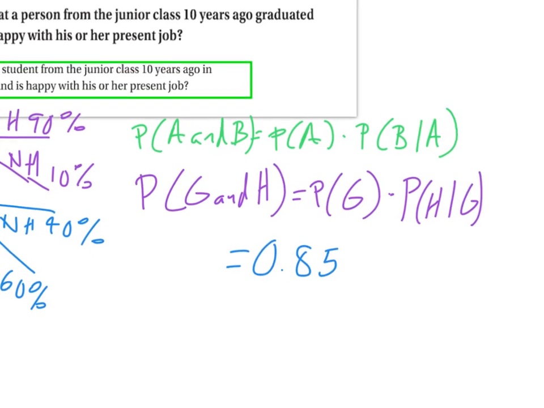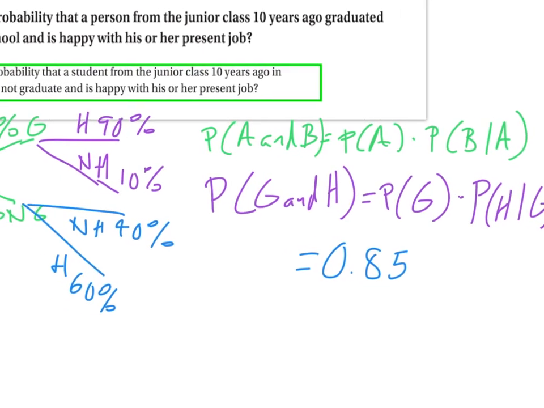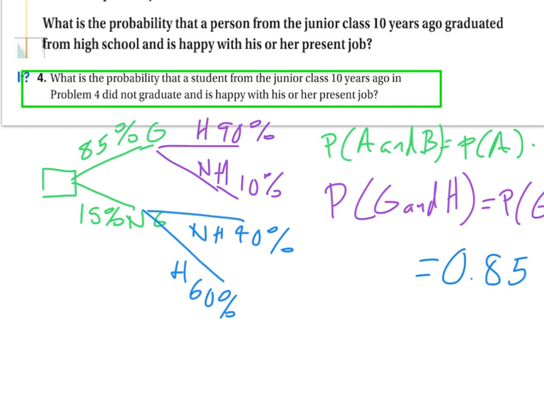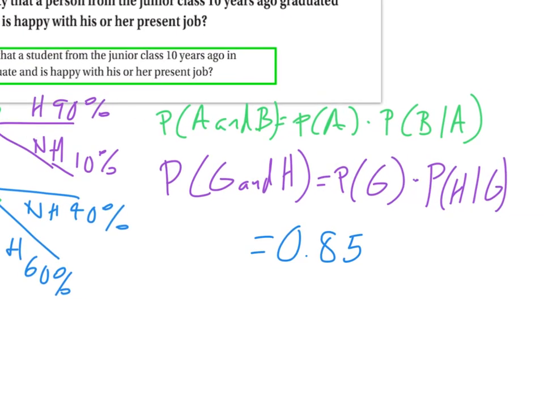Now this conditional probability that they're happy given that they graduated is really this percentage here. So again, this probability here is conditional on the fact that we know that they graduated. And so we know that that would be 90%. So we'd multiply 85% by 90%.